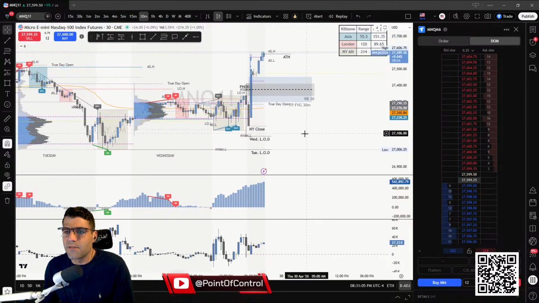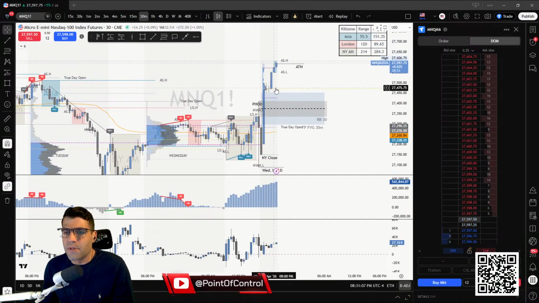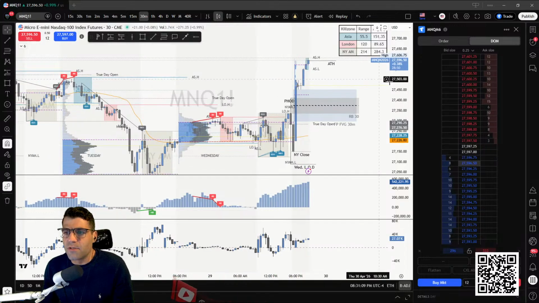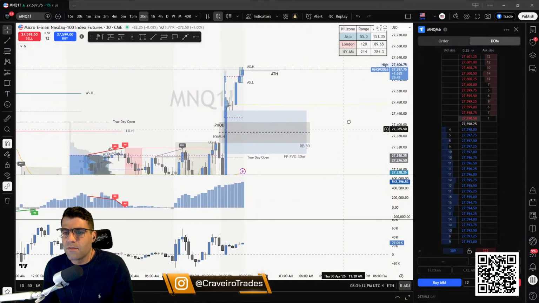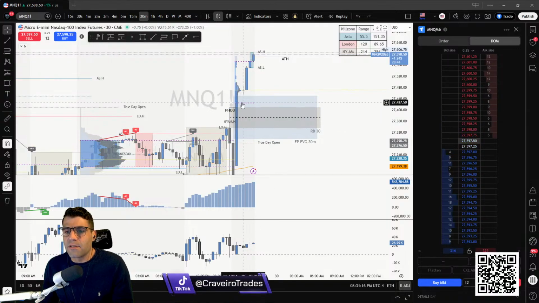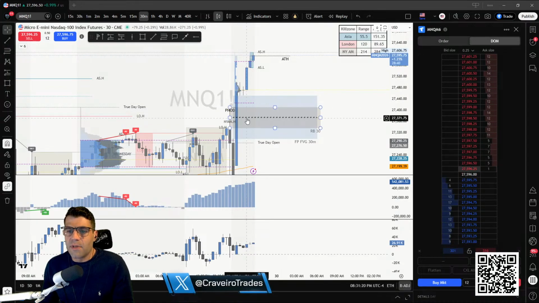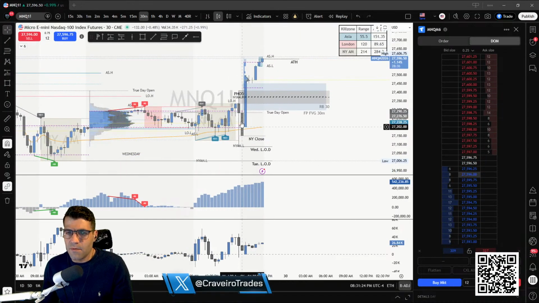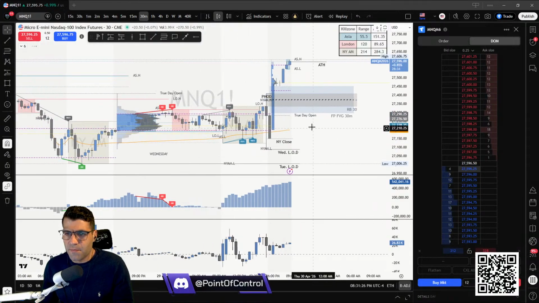So we will get into my entry model. Here we have an unmitigated point of control. This would be my next target for a draw on liquidity. Directly below that, we have got ourselves the value area low of the current volume session profile. We have a large rejection block, 30-minute.